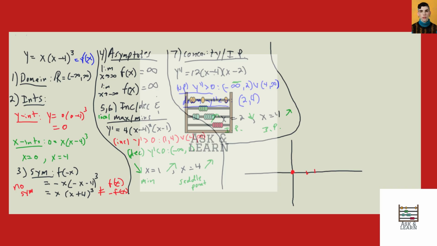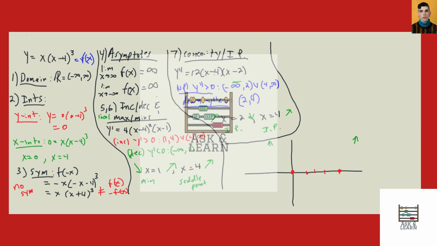So 1, 2, 3, 4. There was no symmetry in the problem. Our asymptotes, well, no asymptotes, but we at least know the end behavior of this graph is going to be going to infinity on each side.